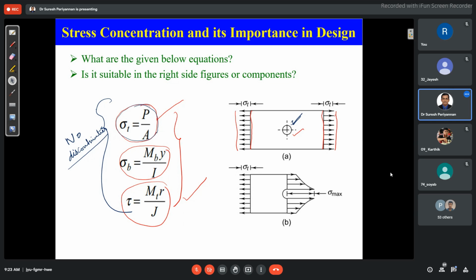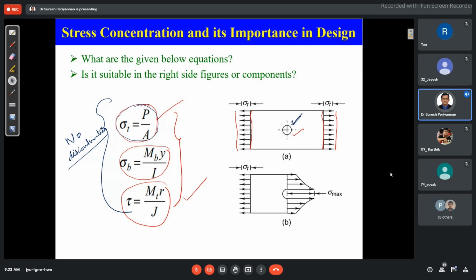We assumed that. But when discontinuities are present, we have to introduce a safety factor here also. That is nothing but the stress concentration factor, to design the component on the safer side.